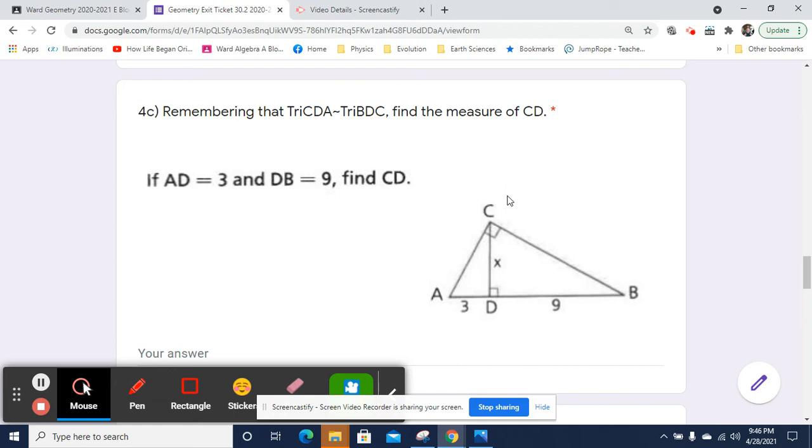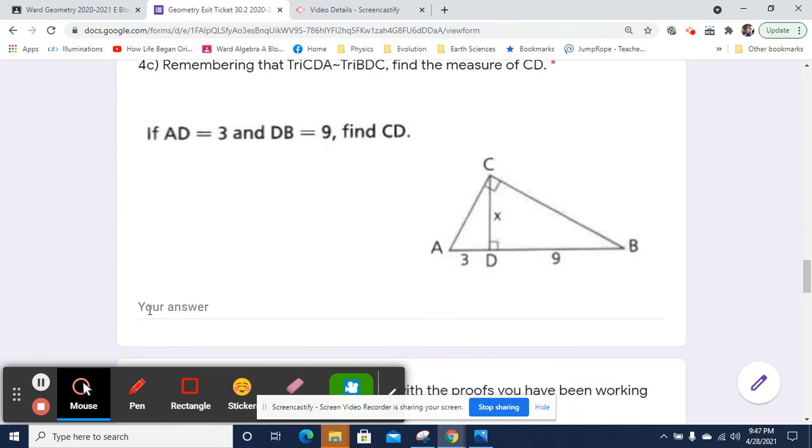So what's going to happen is we're going to have this is to this as this is to this. So 3 will be to x as x will be to 9.